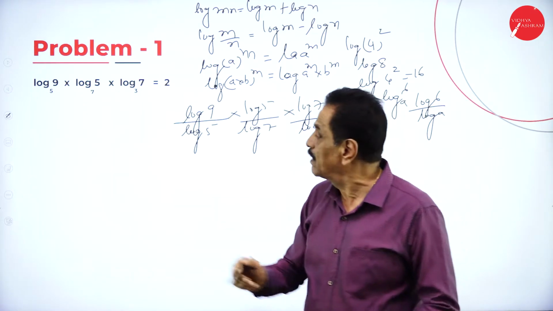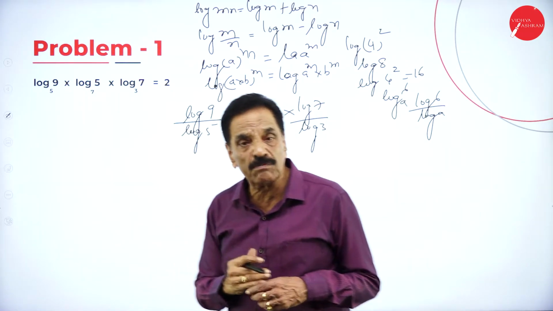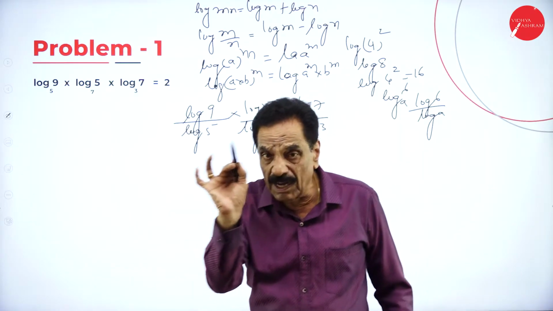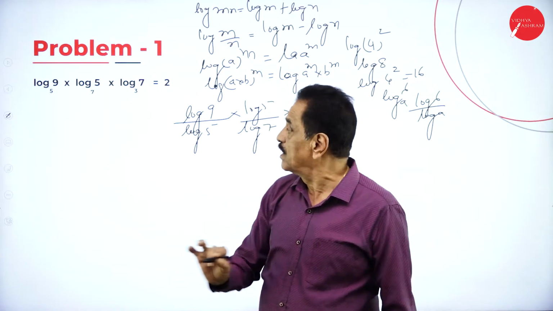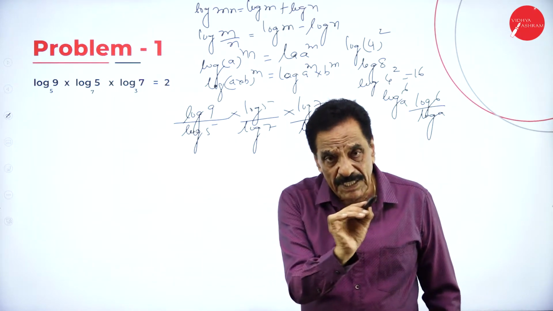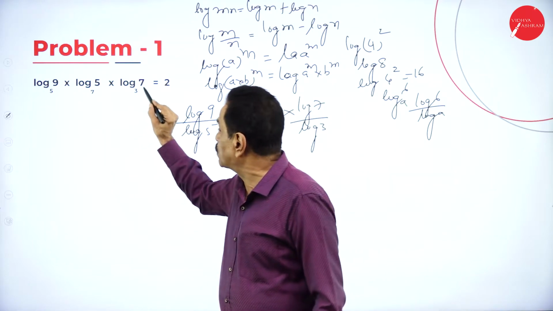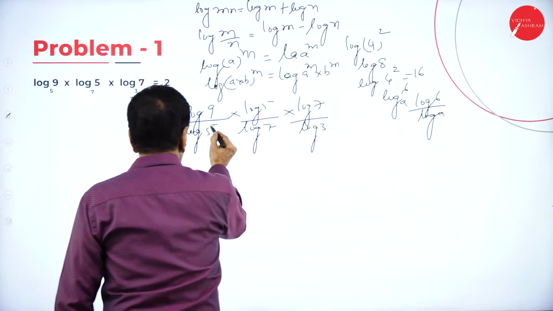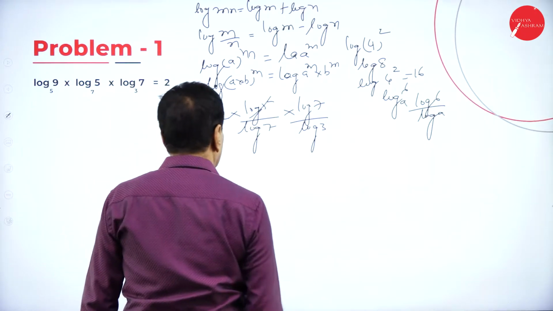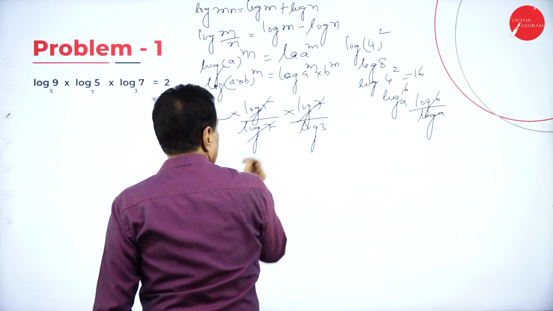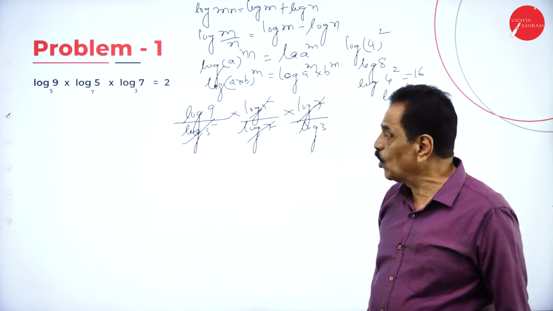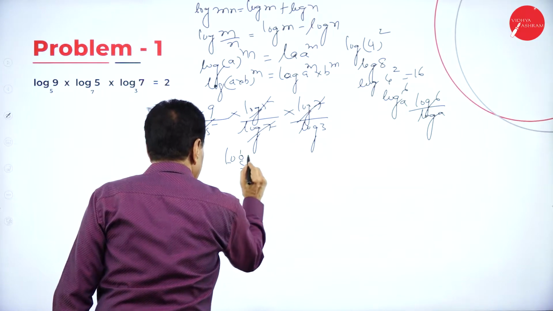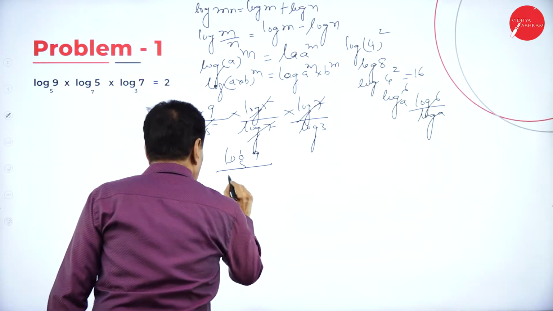I will repeat. Log 9 to the base 5 we can write as log 9 divided by log 5. Then log 5 divided by log 7. Then log 7 divided by log 3. Now simplify this. Log 5 cancelled out. Log 7 cancelled out. What is left over? Log 9 divided by log 3.